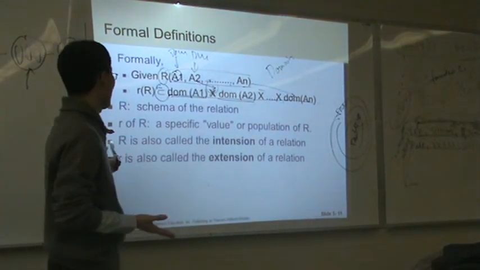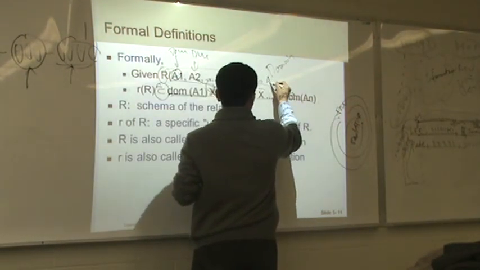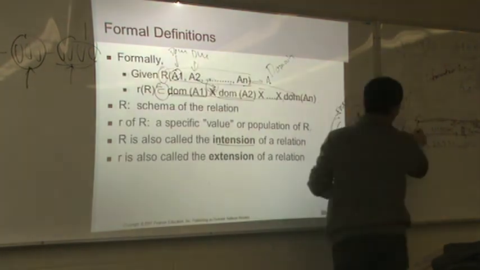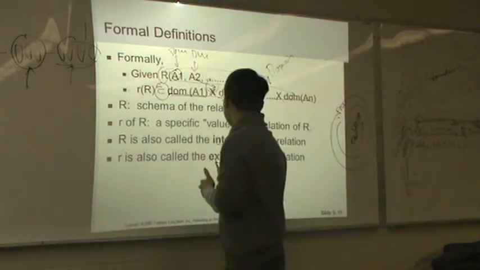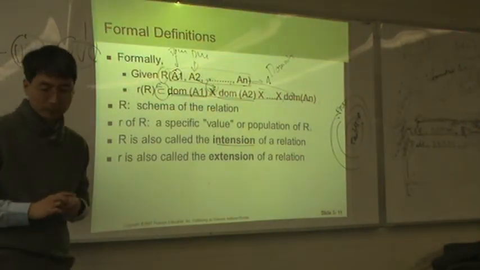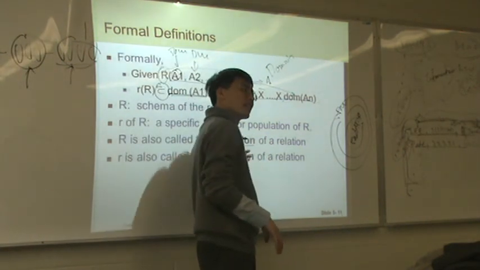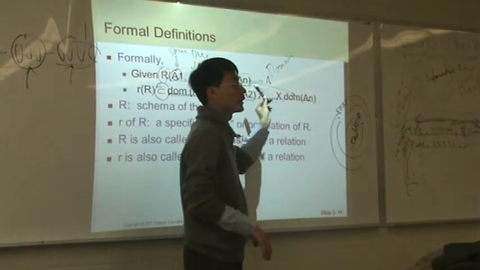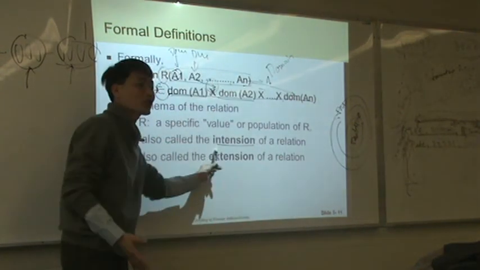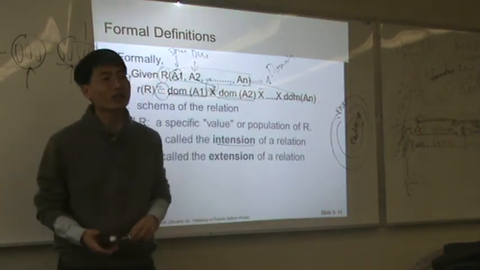Okay? So R is called, if you increase the number of attributes, that is called intension. If you increase the number of data, that is called extension of the relation. Our goal is first to define the intension, the attributes, in the design. Later, we insert the data, sample data, real data, that is called extension.